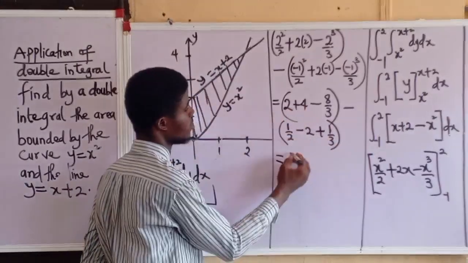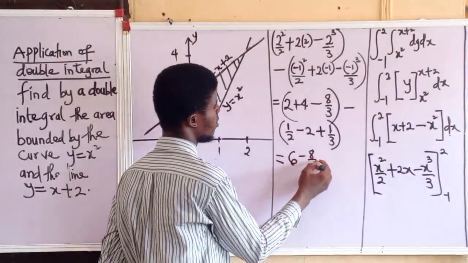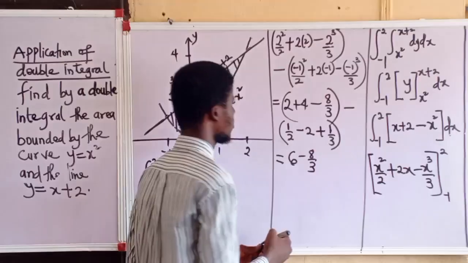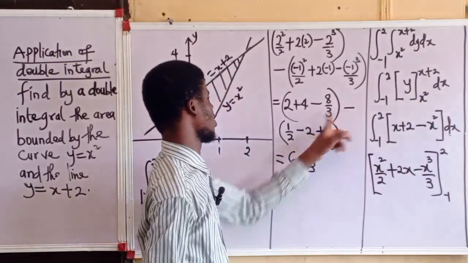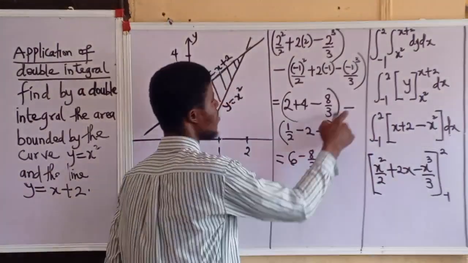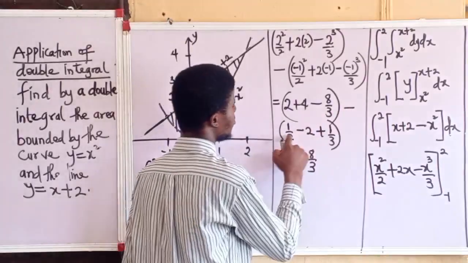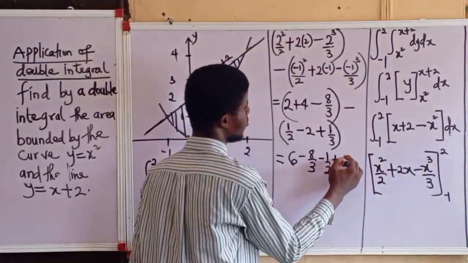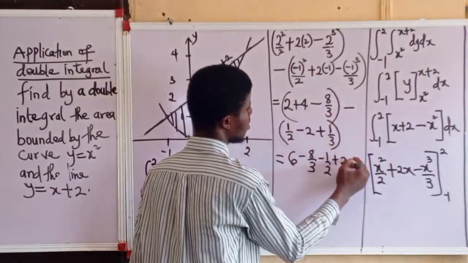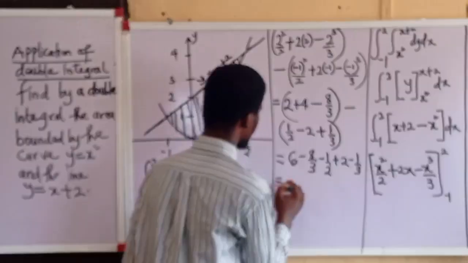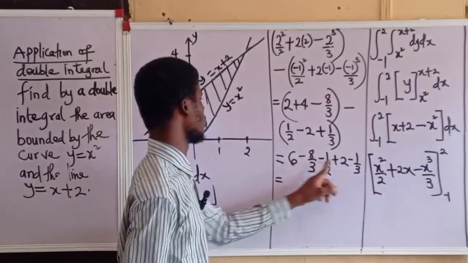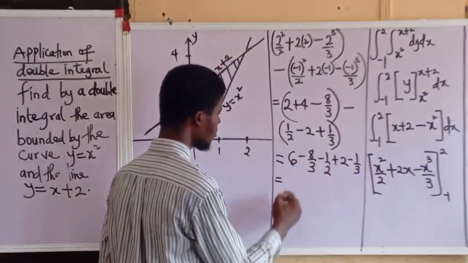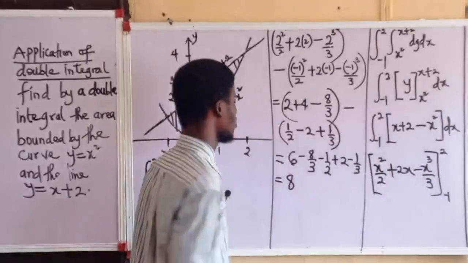So 2 plus 4 is 6, right? 6 minus 8 over 3. Okay, we can easily expand this bracket here using this minus to affect it. This times this, that's minus half. This times this, that's +2. This times this, that's -1 over 3. Of course, 6 plus 2 is 8, right? That's 8.